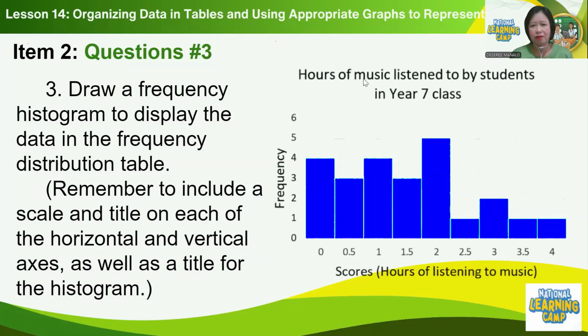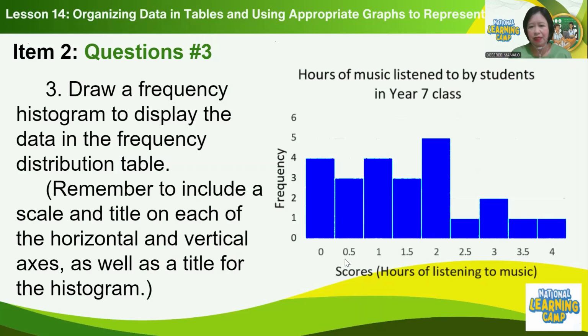The title is hours of music listened to by the students in year 7 class. We have the frequency on the vertical axis on the left side, and on the horizontal axis we have the hours of listening to music.